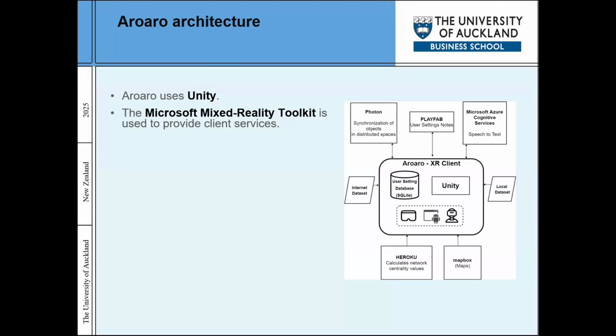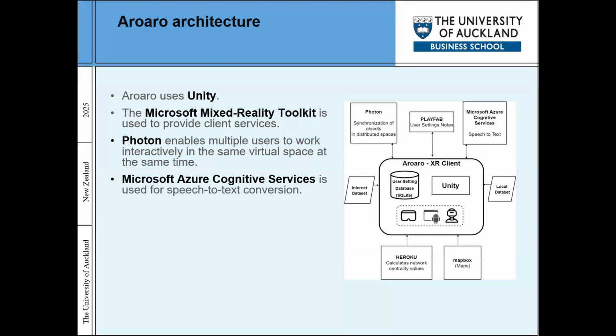We use Microsoft Mixed Reality Toolkit to provide client services. And we use other pieces of software like Photon, which allows us to have coordination among participants and the server, and Microsoft Azure Cognitive Services for a particular feature there, which is speech-to-text conversion.